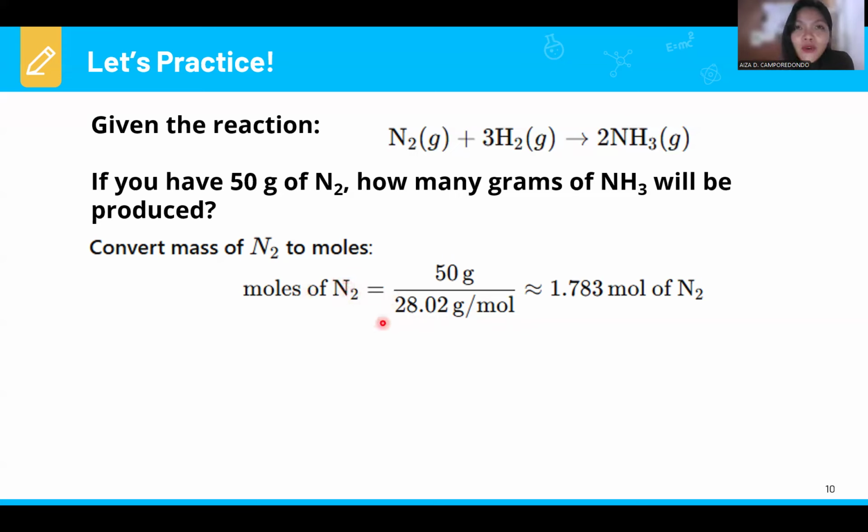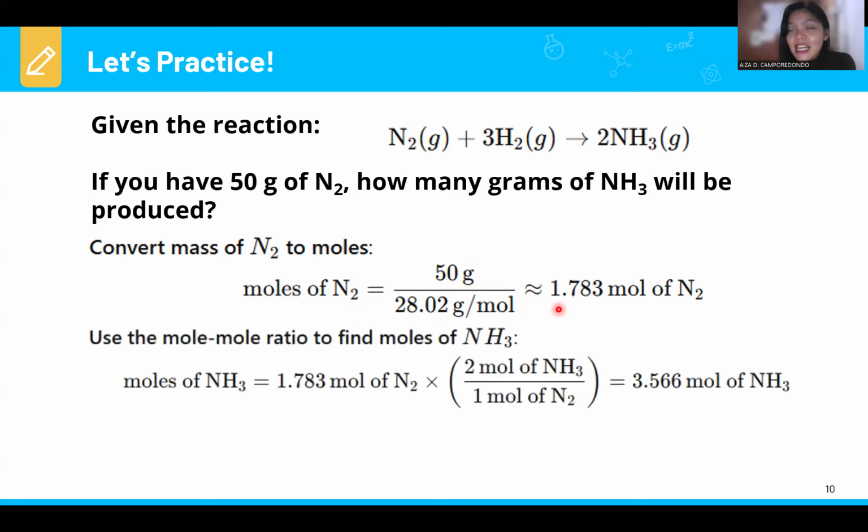So that is why 14.01 gram per mole, that will be the molar mass of the nitrogen, multiplied by 2, because there are 2 atoms of nitrogen, and that leaves us with 28.02 grams per mole. And since this is cancelable, we need to cross this out, that leaves us with 1.783 mole of nitrogen gas. This is not the answer yet.